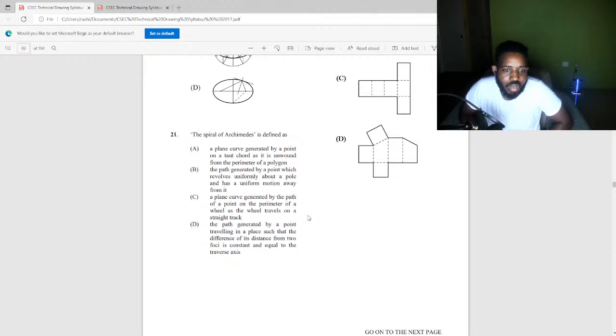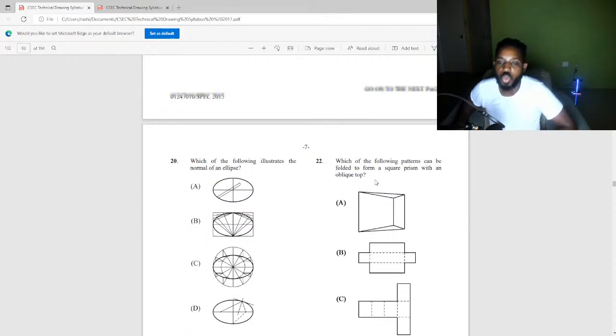No. From the perimeter? No. The path generated by a point which revolves uniformly about a pole and has a uniform motion away from it. So the answer is B. If you don't know what that is, I have a video on my channel on how to draw the Archimedean spiral. So the answer for that question would be B.